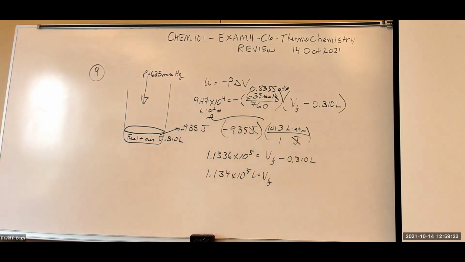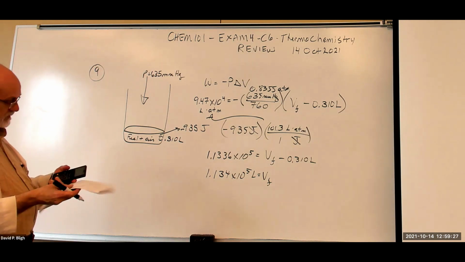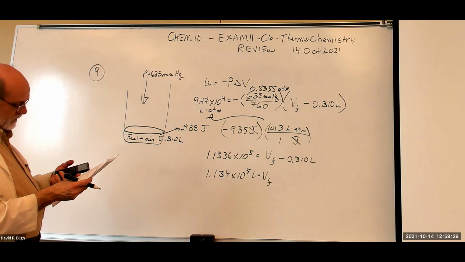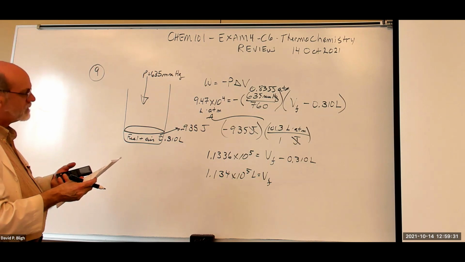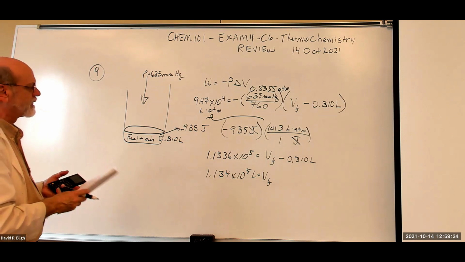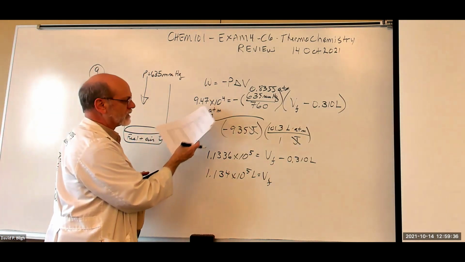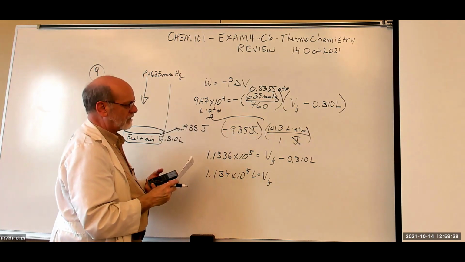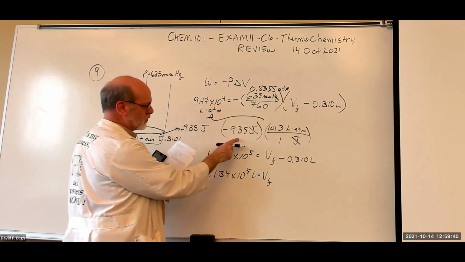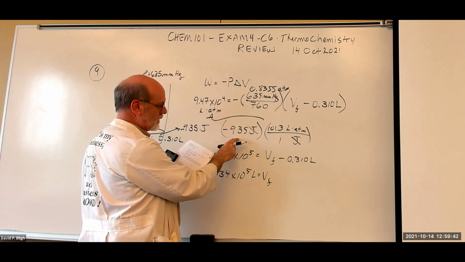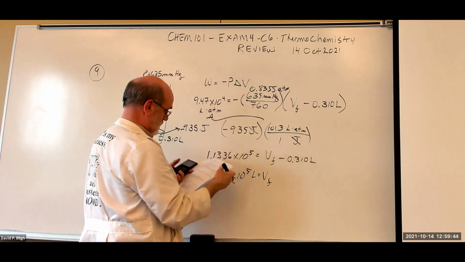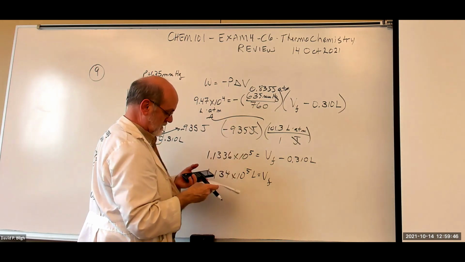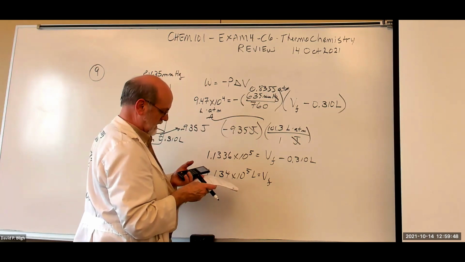Now let's see. I made a math error, which I'm prone to do sometimes. Something went wrong. What did I do wrong? Probably right here. It's this many joules converted to liter atmospheres, minus 935.